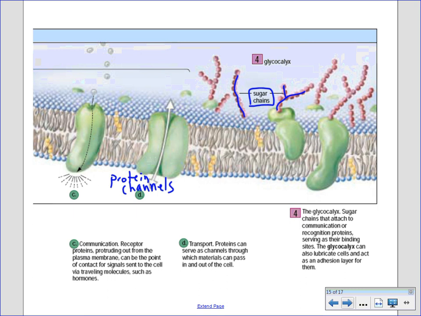Individually, a sugar chain attached to a membrane protein would be referred to as a glycoprotein, and a sugar chain attached to a phospholipid would be referred to as a glycolipid. So terminology that will be important to know.